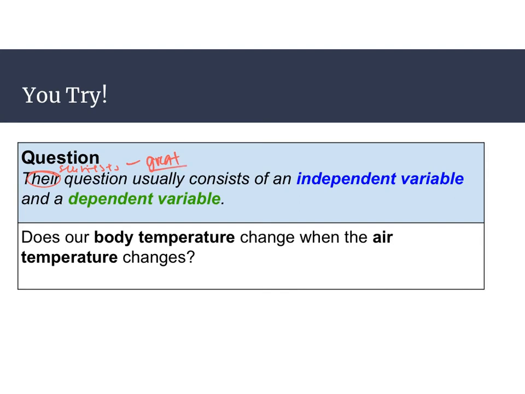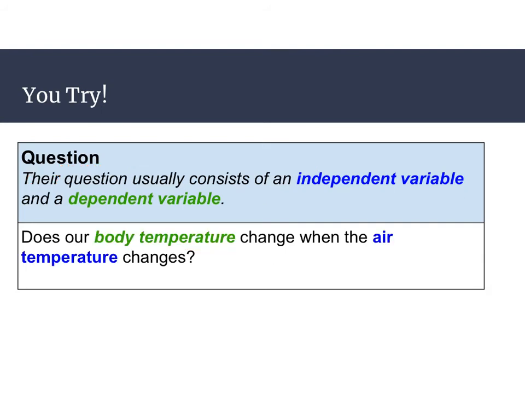And you are great students, so we're going to examine another example of independent and dependent variables in great questions. Go ahead and highlight in your Google Doc the two variables here, body temperature and air temperature. Highlight in blue or green, depending on what color you have, which one is independent and dependent. You can pause the video and highlight those two variables.